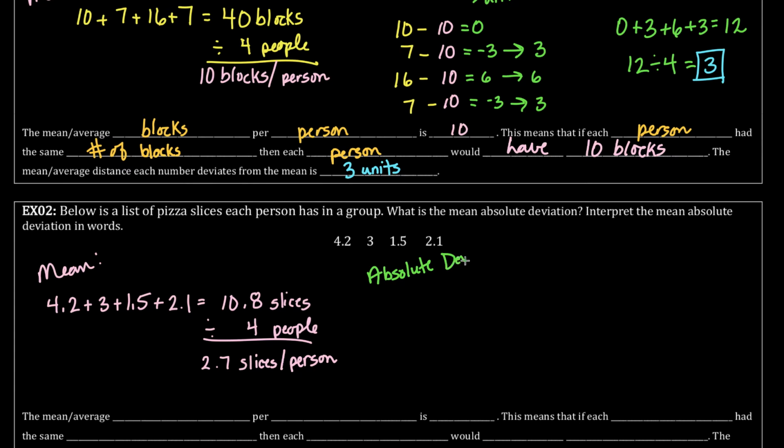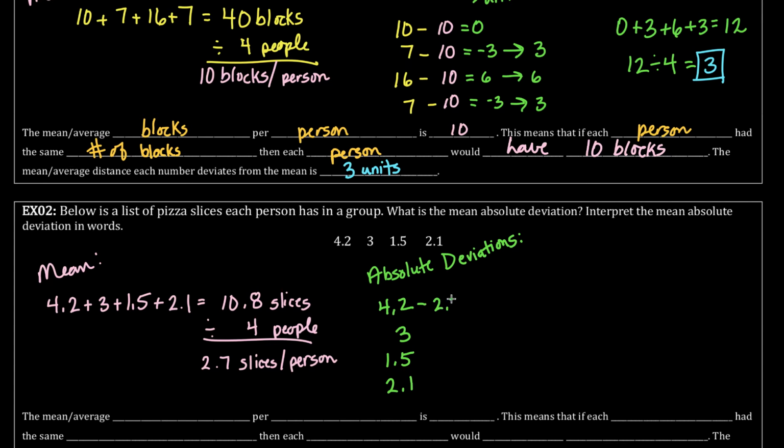So now let's find out what the absolute deviations are. Remember, deviations are differences. So we need to find the differences. So let's take our numbers, which are 4.2, 3, 1.5, and 2.1, and we want to see how different they are from our mean.